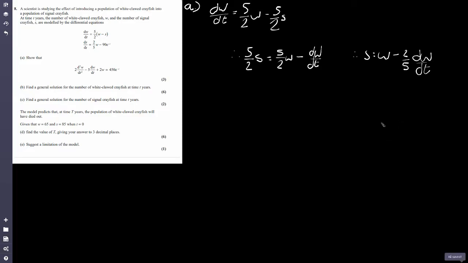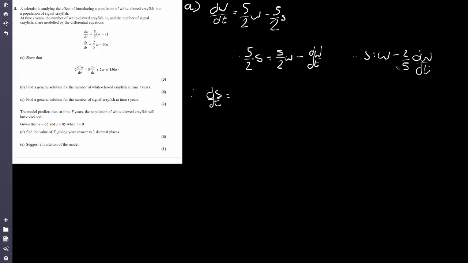Okay, my next step now is just simply to differentiate this s here. So if I differentiate this, ds with respect to t, my w will just be dw dt, okay?